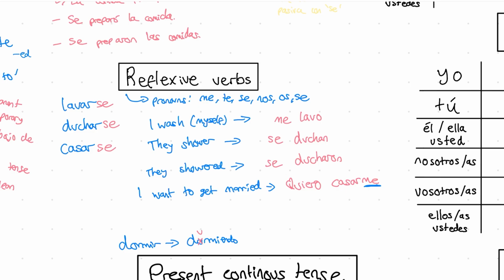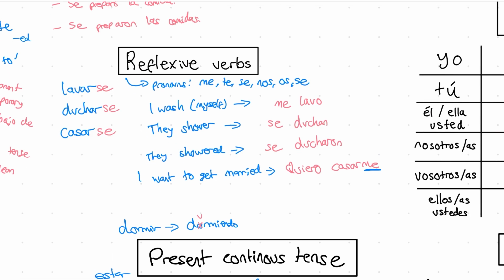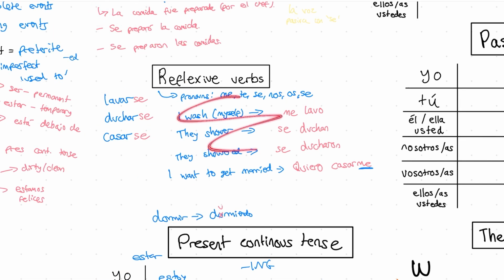Me visto rápidamente. I get dressed quickly. Y me cepillo los dientes antes de desayunar. I brush my teeth before having breakfast. Okay, so that's an example of a daily routine sentence with reflexive verbs. Okay, so that's reflexive verbs covered.